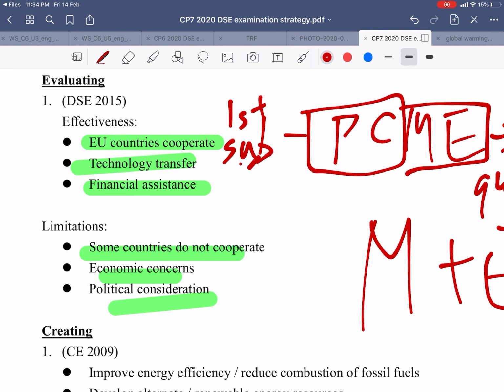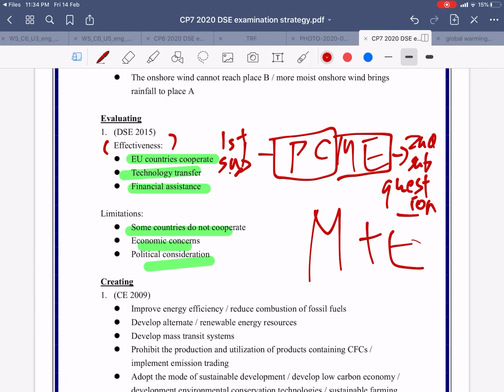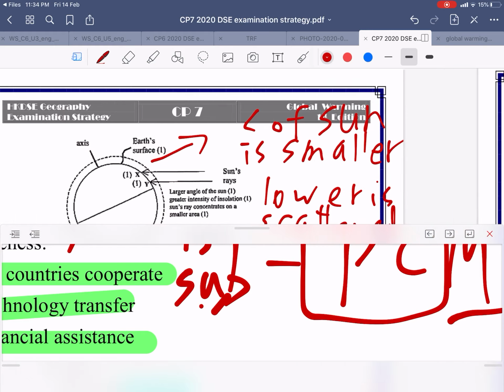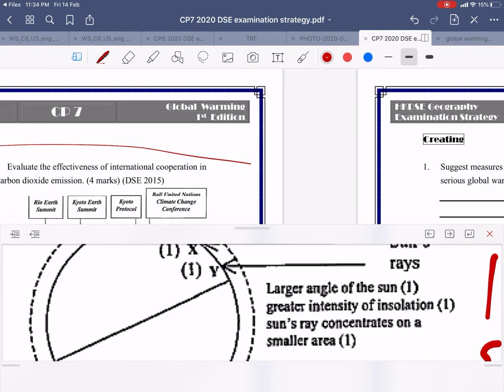2015, this question provides a very good guideline to you. First of all, effectiveness, whether this one is good. Let's go back to that question.